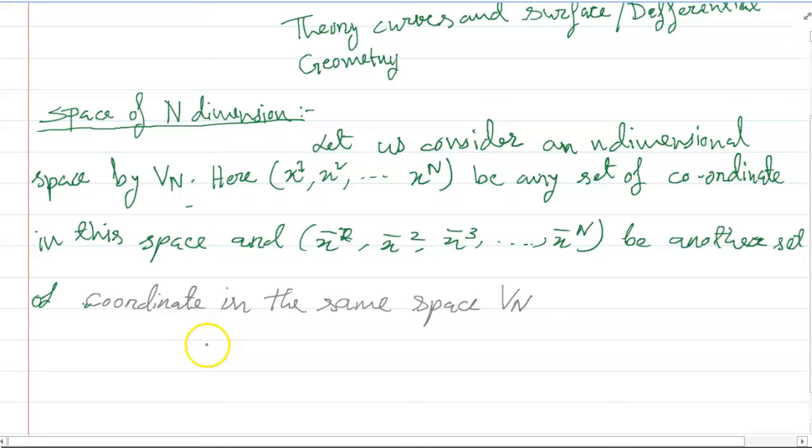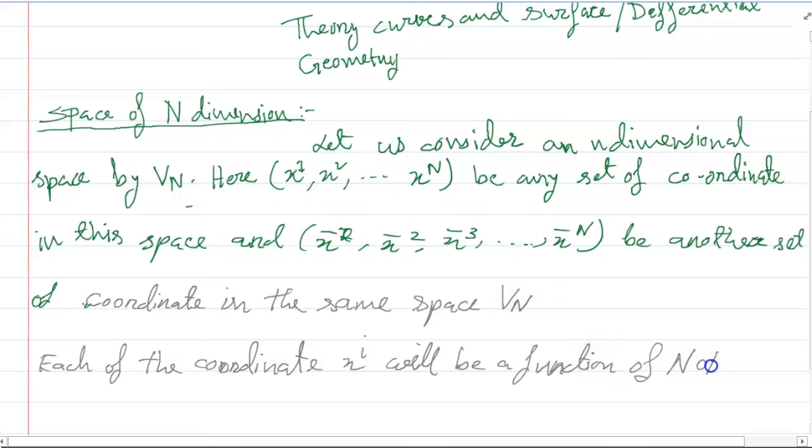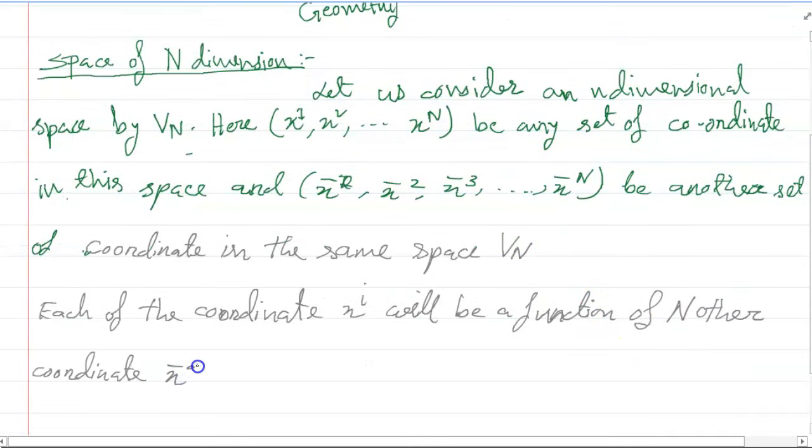Each x^i will be a function of the other coordinates x̄^α, and vice versa.